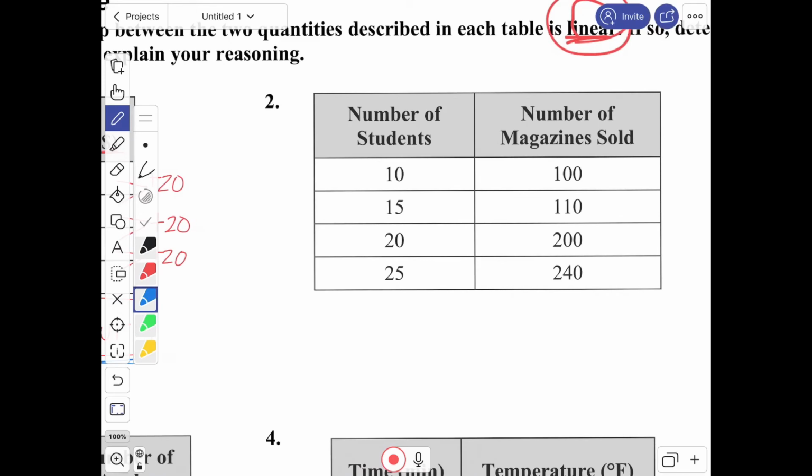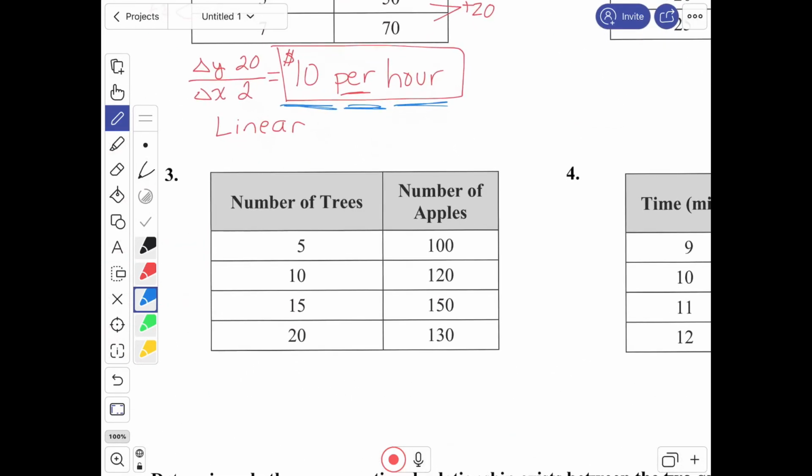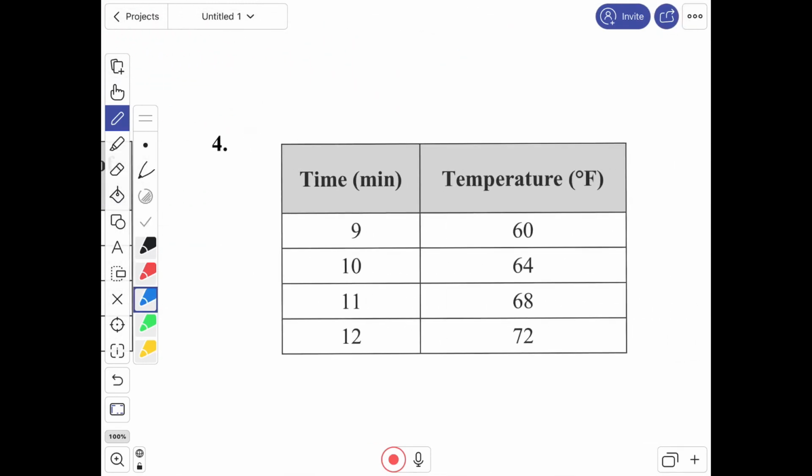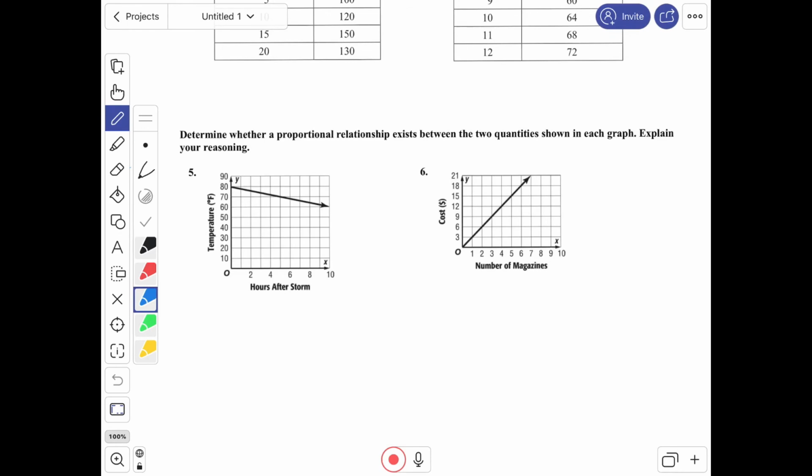So if number 2 is linear, it would be something magazines per student. And number 3, it would be some number apples per tree. And if number 4 is linear, it would be a number degrees per minute.